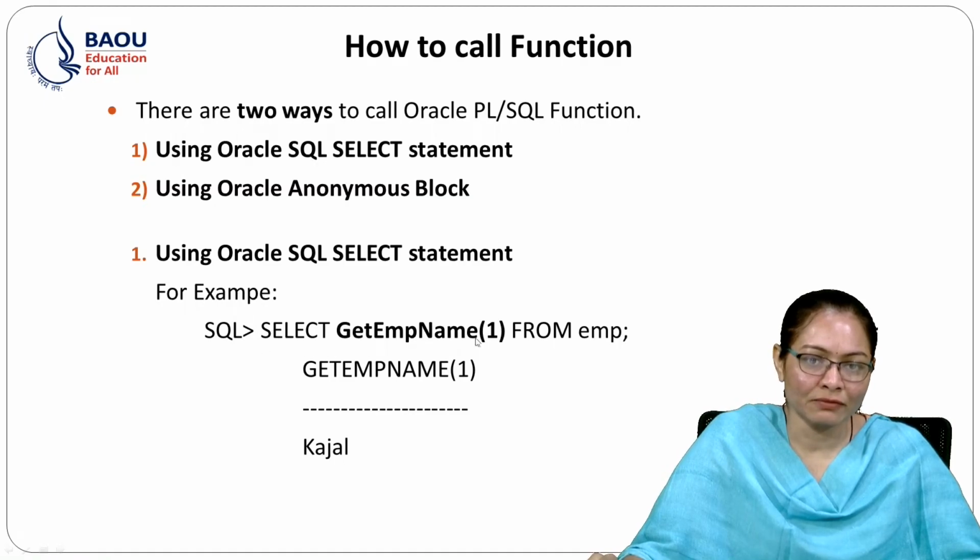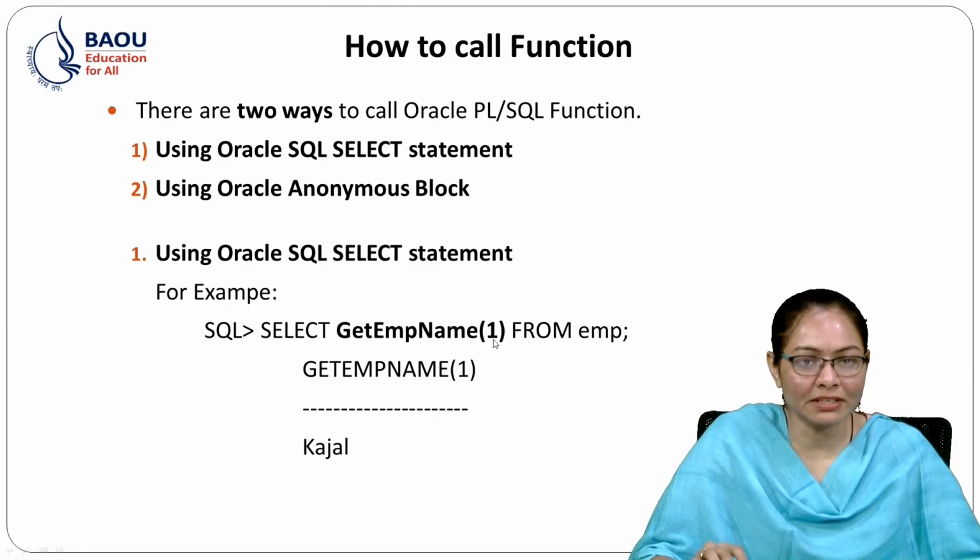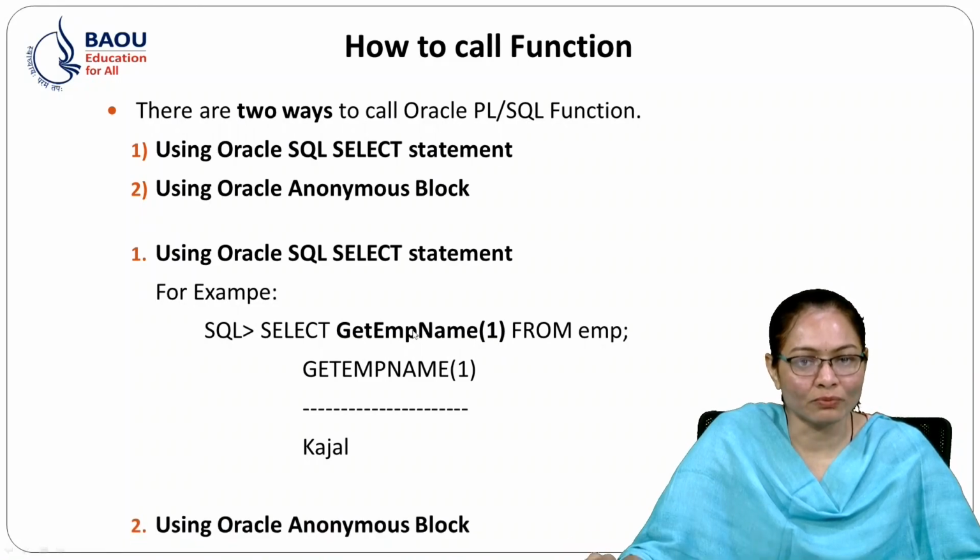Select, then the function name, and in the bracket 1 is passed as the employee number in the n variable, from the employee table. When this statement is executed, it will call the function, 1 is passed to the function, and it will return the value. Employee number 1 has the name Kajal. Employee name is Kajal.